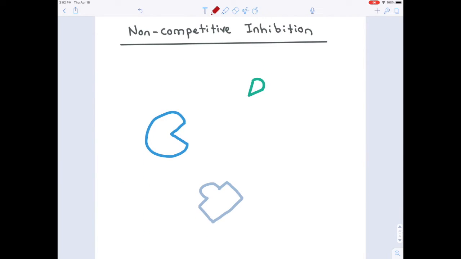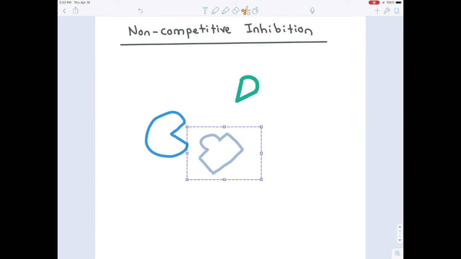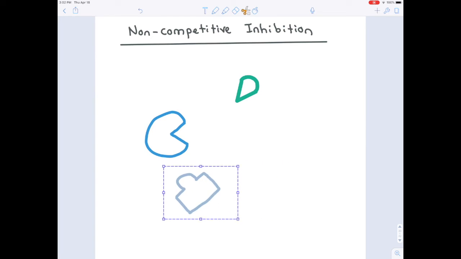Okay, then you have non-competitive inhibition. So again, the substrate works by fitting into the mouth of the Pac-Man, which is called the active site, and then it spits it out as whatever molecule it needs to become. In non-competitive inhibition, the inhibitor doesn't try to fit into the active site. It has a different shape from the substrate.